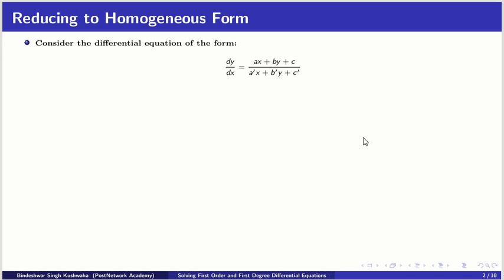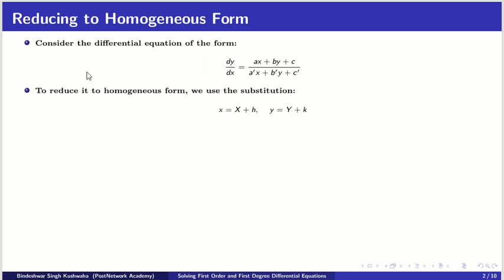So, consider the differential equation of this form. To reduce it to homogeneous form, we use the substitution. That means x would be replaced by x plus a constant h, and in y we will add another constant k.